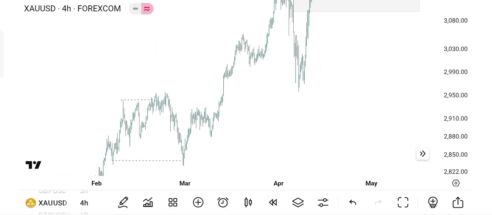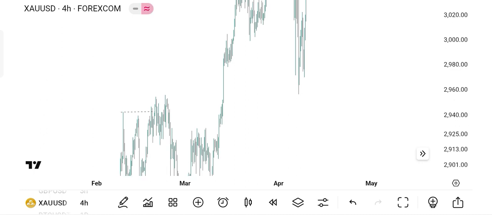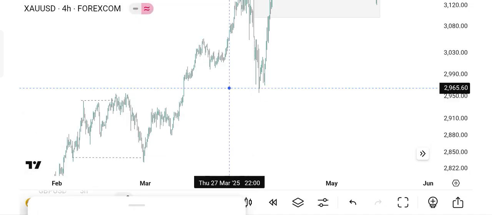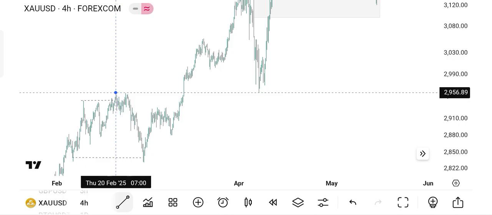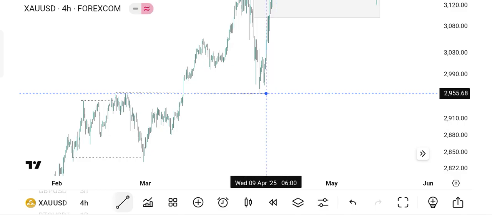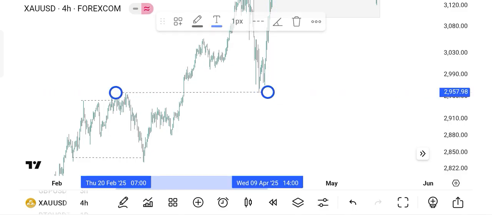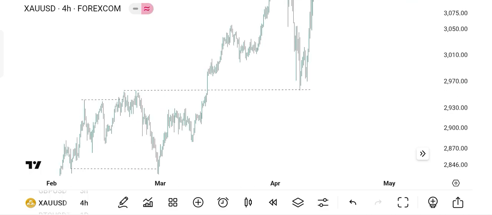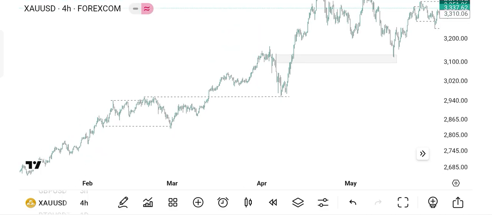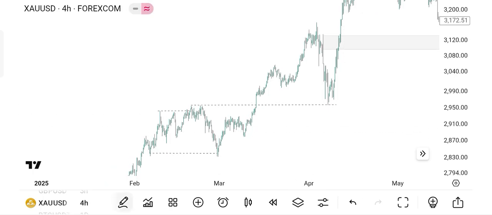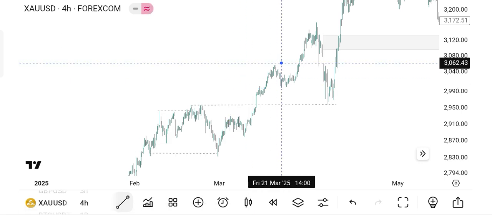I'm still going to drop a video on advanced market structure. As you can see, when price finally broke this zone, you can see the break of structure around there. Then price bought to the upside, gave us another high, which is this.